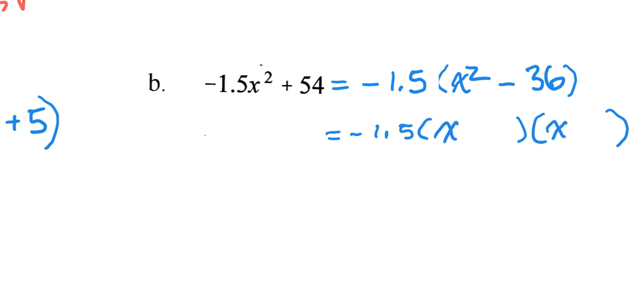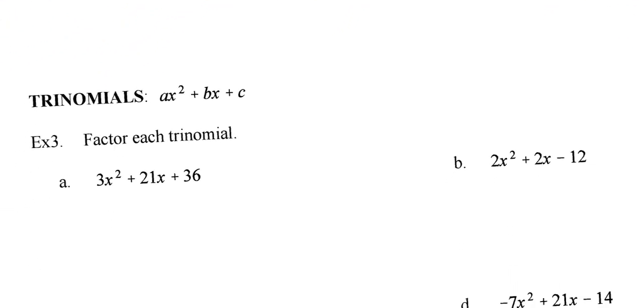And then we have to realize that in order to get the proper number that goes in our bracket, we have to take the square root of 36, which gives us 6. So that means we have minus 6 and plus 6 for our answer inside our bracket. And we're done.